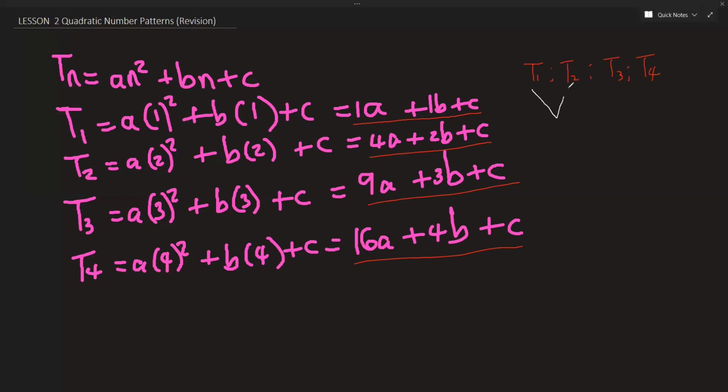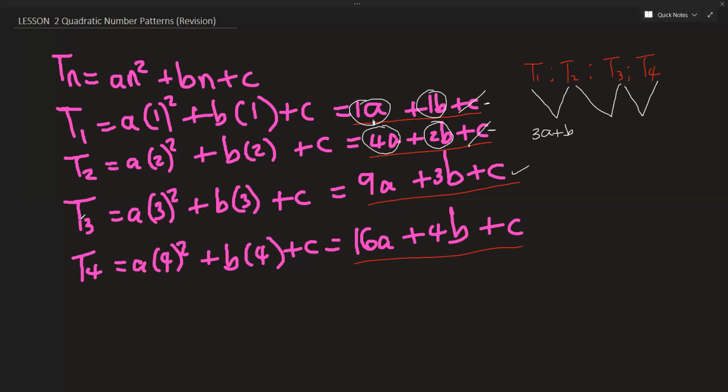Now I want us to find the differences between these terms. Remember, term 2 minus term 1: 4a minus a gives us 3a, then 2b minus 1b gives us b, and the c's cancel.